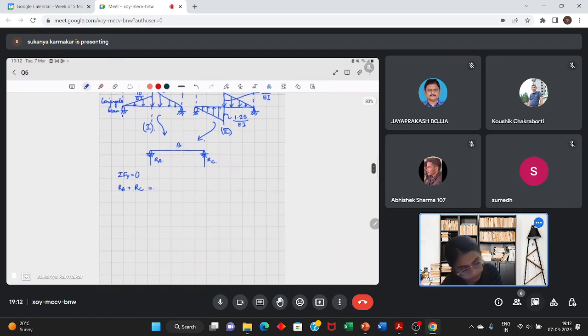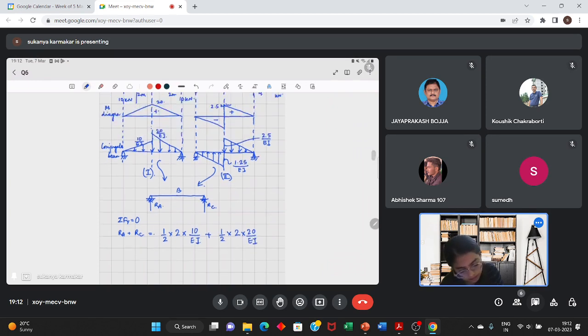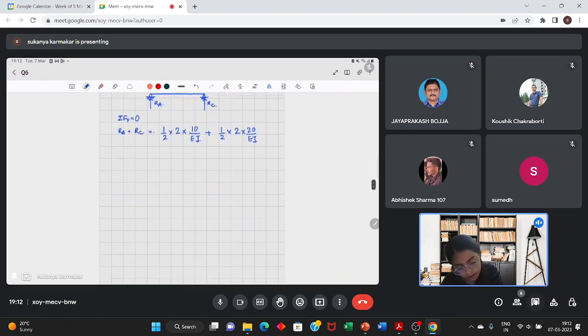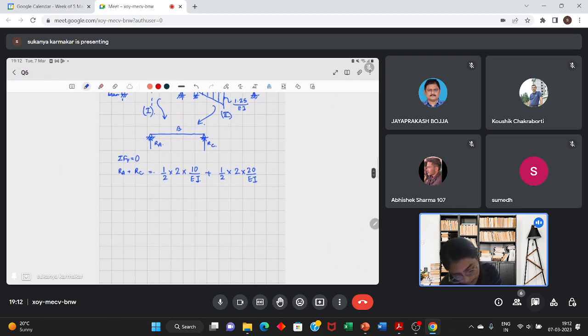From there you can write half the base being 2 meters into height, first term is 10 divided by EI, plus the second triangle, half into base into 20 by EI. This comes from the first loading, and from the second loading it is half, again base is 2 into 1.25 EI.